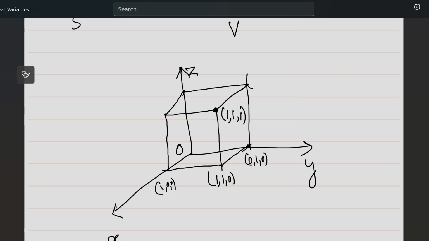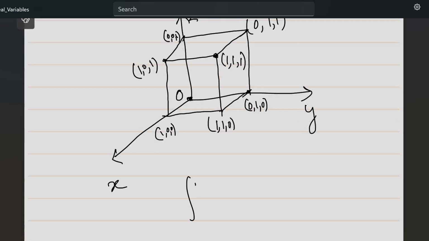This one? 0, 1, 1. This one? 0, 0, 1. What is left? This one: 1, 0, 1. And this is 0, 0, 0. So this is a closed surface.